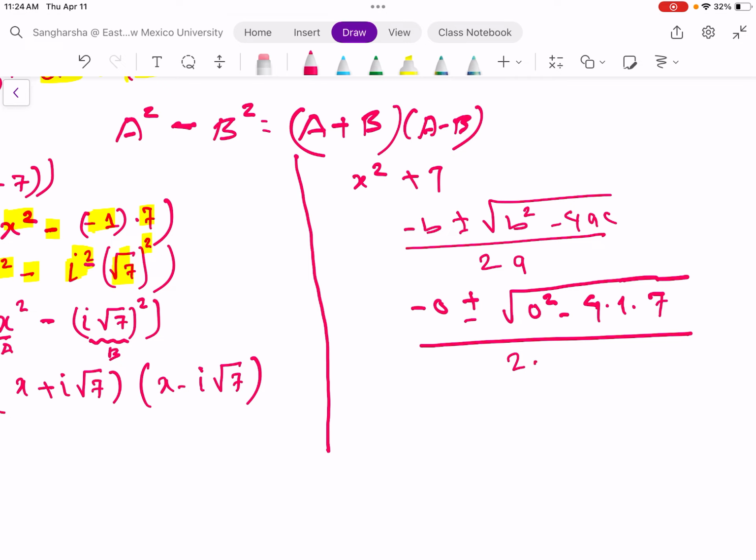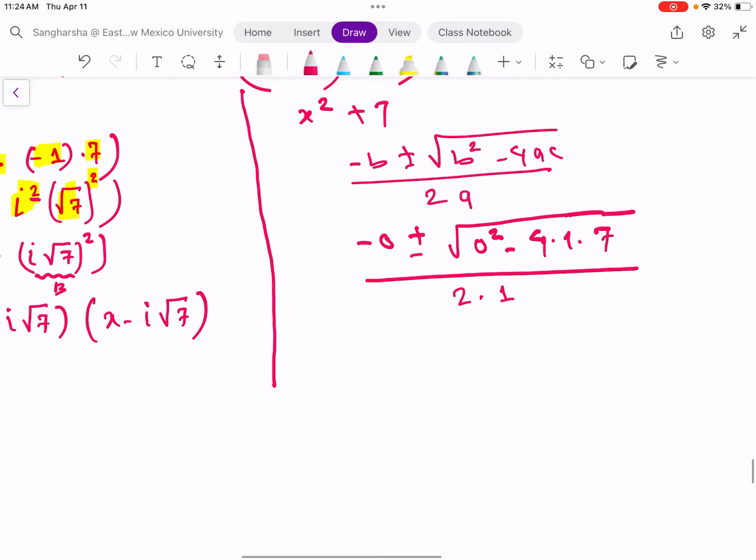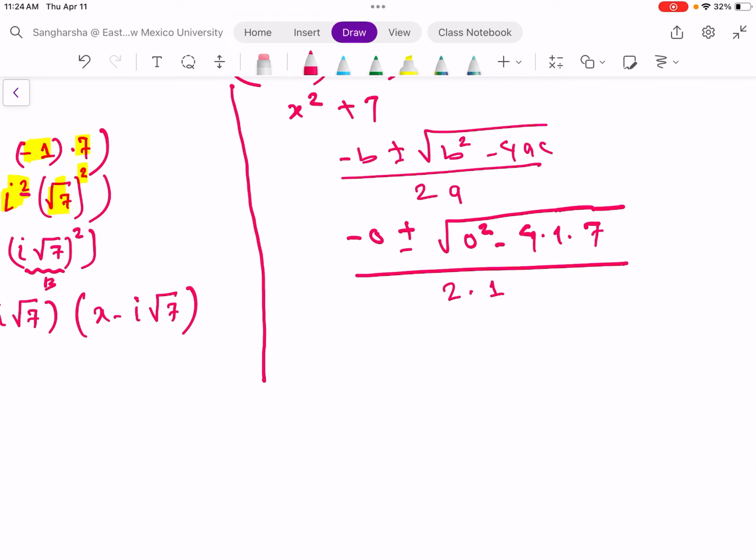Divided by 2 times a, which is 1. Now let's simplify this. We can ignore this negative 0. So plus or minus the square root of 4 times 1 times 7, which is negative 28, divided by 2. Let me know if you have a question here.